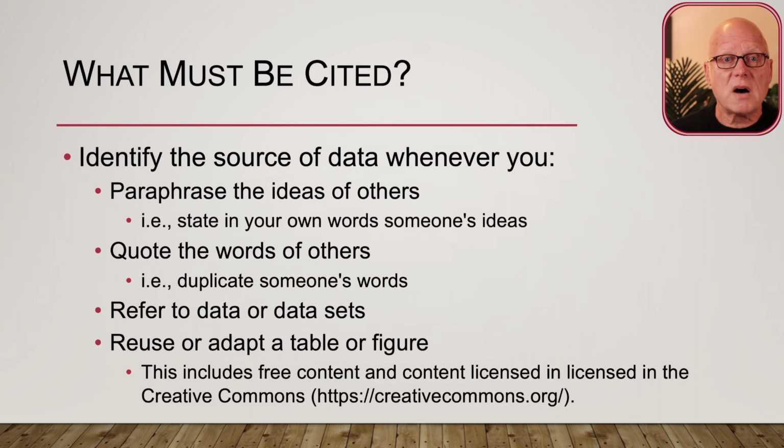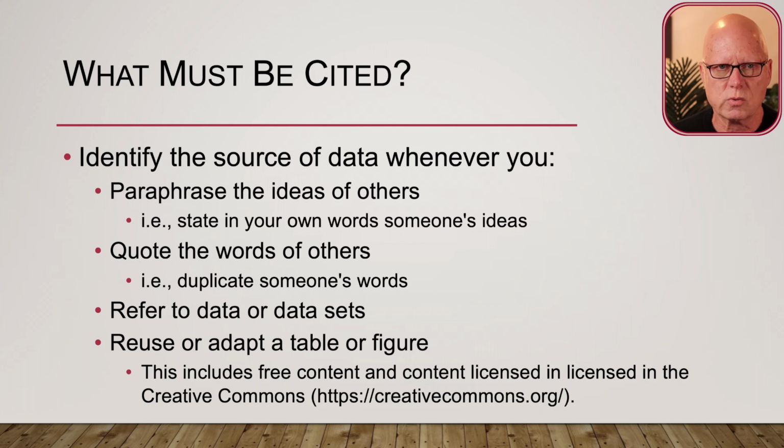So, what must be cited in APA-style writing? Well, you identify the source of any data that you employ if you are paraphrasing the ideas or the words of another person. And this paraphrasing means to state someone else's words using your own verbiage.